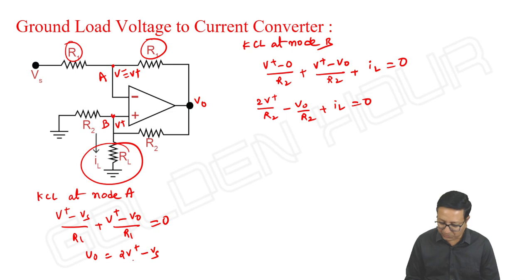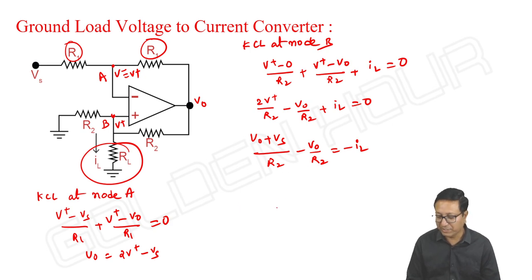It is V output minus Vs, is it not so? 2V plus is equal to V output minus Vs. So, or V output plus Vs, sorry, by R2 minus V output by R2 is equal to minus IL. So V output by R2 minus V output by R2 will be cancelled.